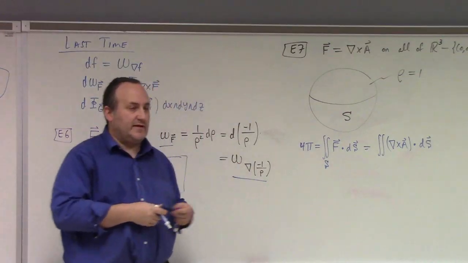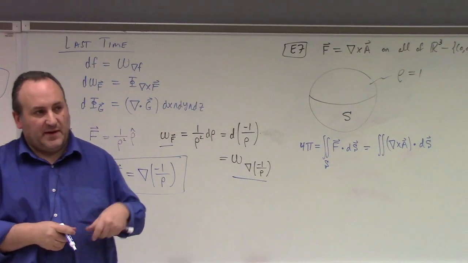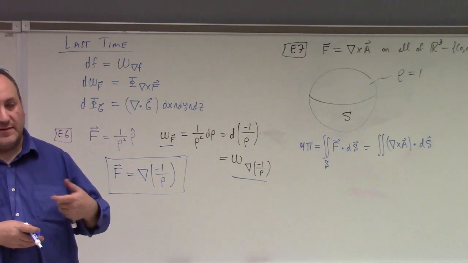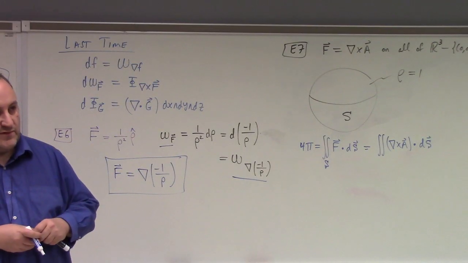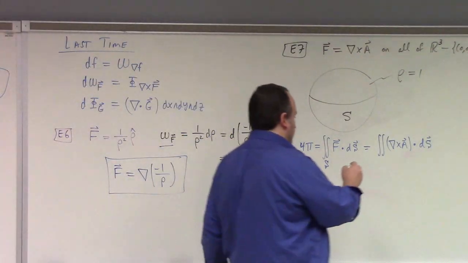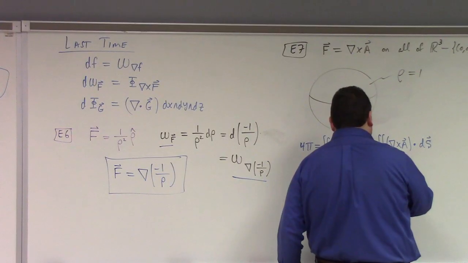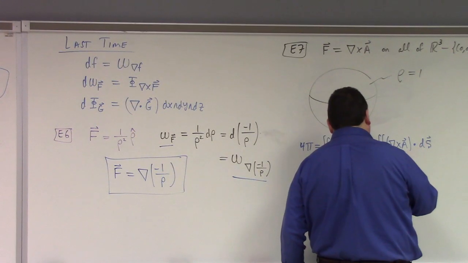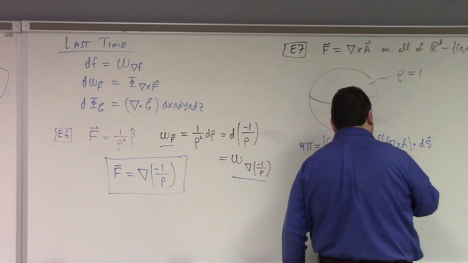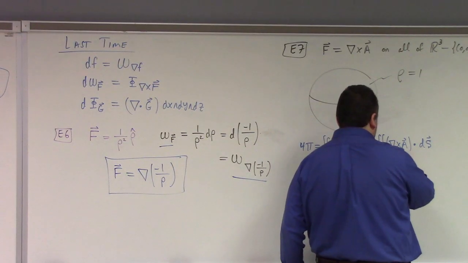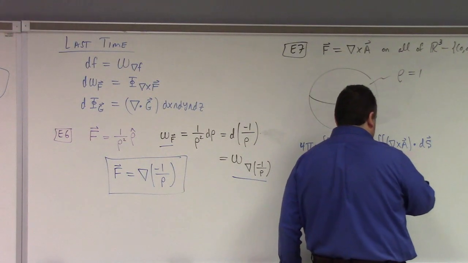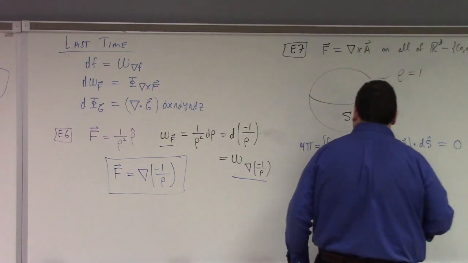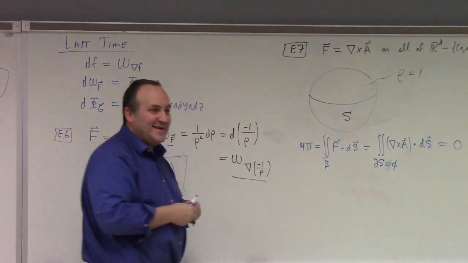We worked this out the other day in class. I explained that the boundary of a closed surface is empty. So Stokes' theorem applies here, just in a trivial sense: the flux of a curl, where the boundary is the empty set, makes this equal to 0, which makes this a problem because 4 pi is not 0.